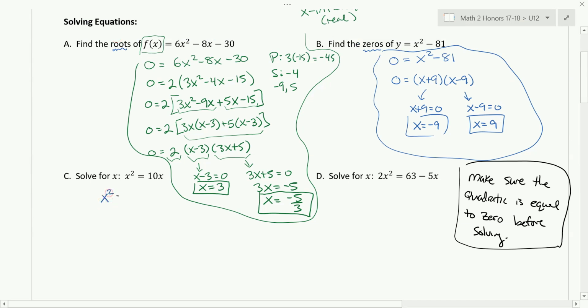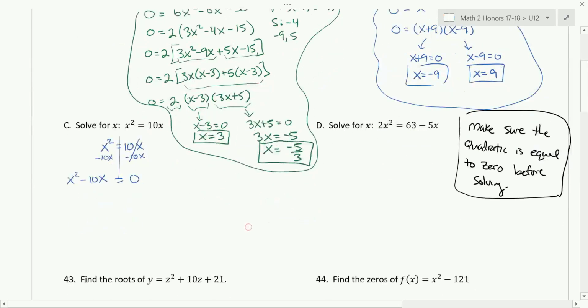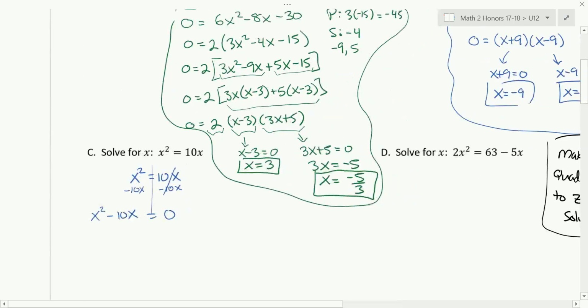So you got x squared equals 10x. And the way I'm going to make the right side equal to 0 is I'm going to subtract 10x from both sides of the equation. I get x squared minus 10x is equal to 0. And then I'm going to try to factor that. Does this factor? Yeah, and it's another kind of factoring out the GCF.